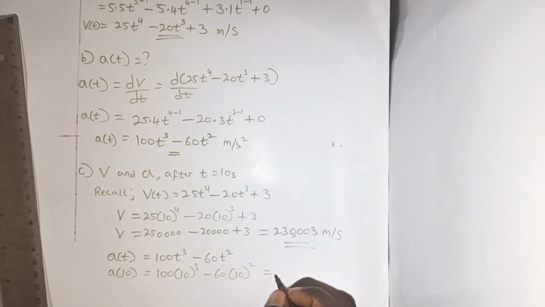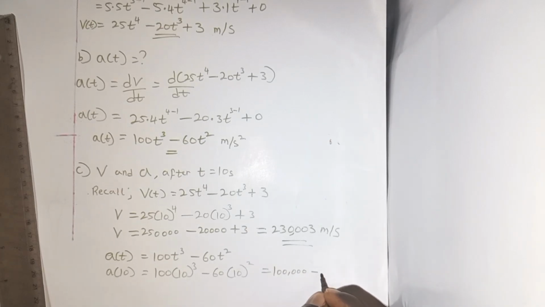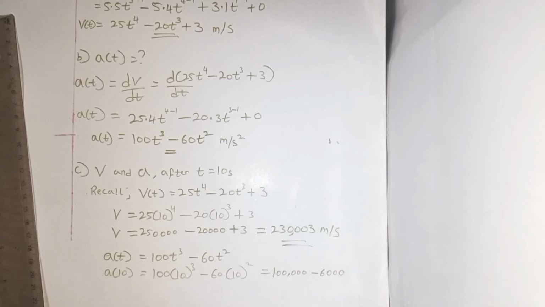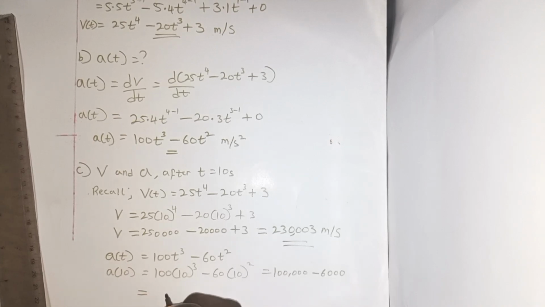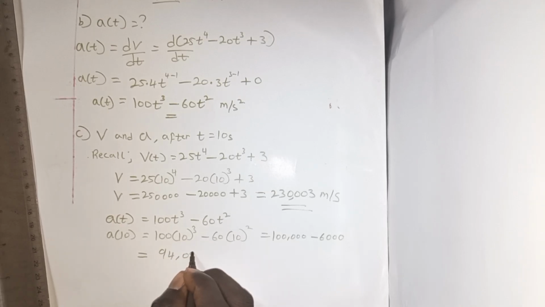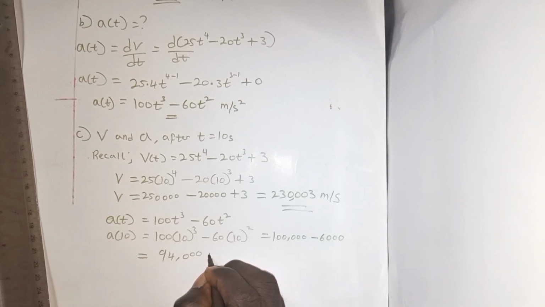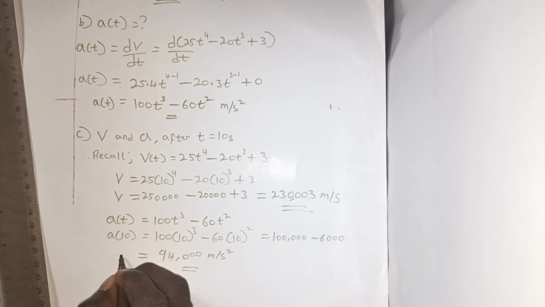Pressing our calculator, we should have 100,000 minus 6,000. So our final answer now is 94,000 meter per second squared.